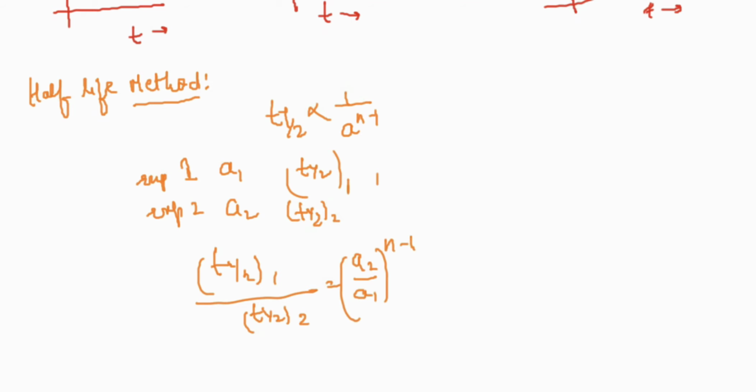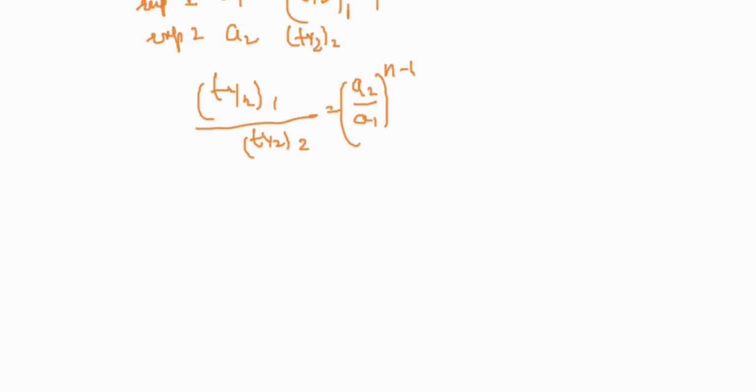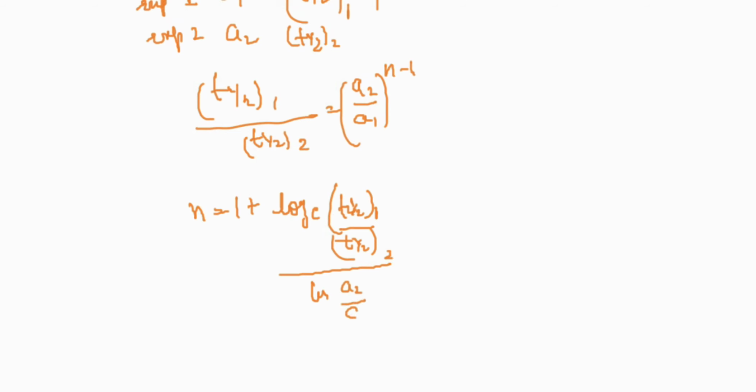Now we take the log, so we get ln of t half 1 divided by t half 2 equals n minus 1 times ln of a2 by a1. That is for the nth order reaction.